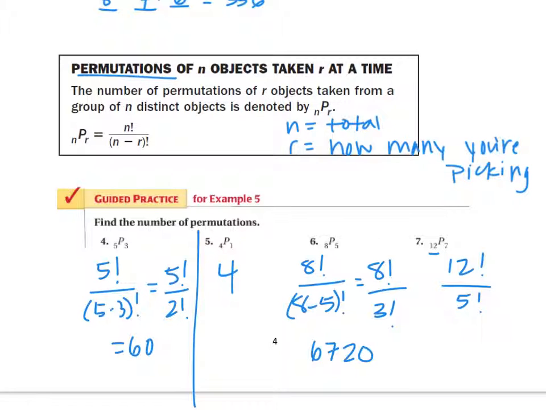So 12 factorial over 5 factorial. And we get a long number here. So 3,991,680.